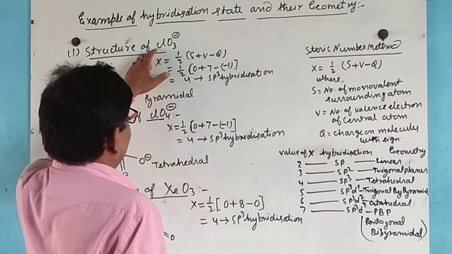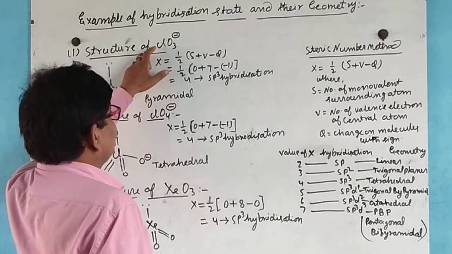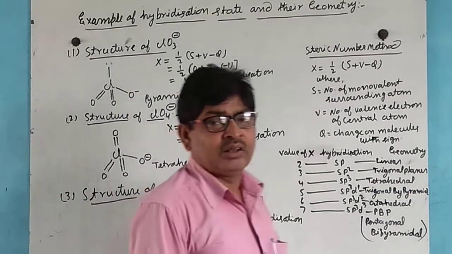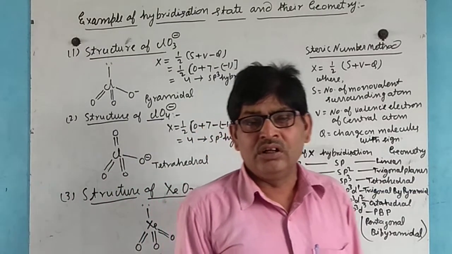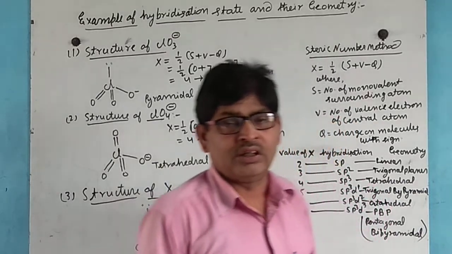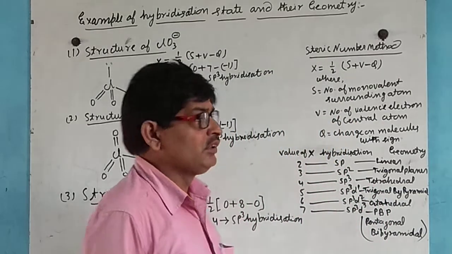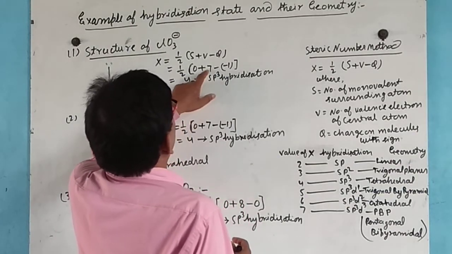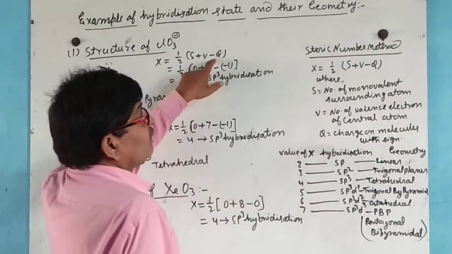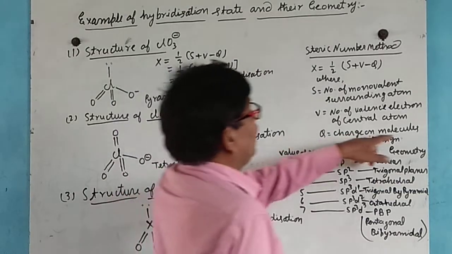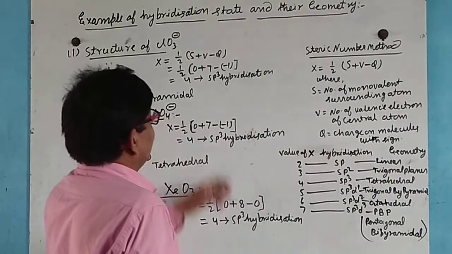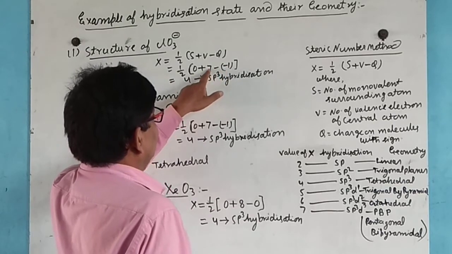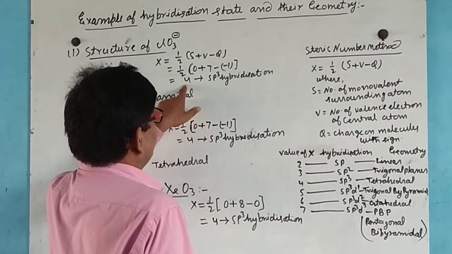Chlorine is the central atom, and its valence electrons are the electrons in the outermost shell, so that is 7. Q is the charge on the molecule with sign. This is -1, so it becomes +8, and 1 by 2 of 8 is 4.